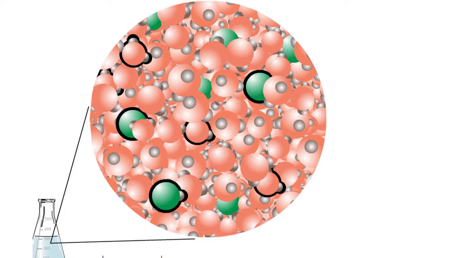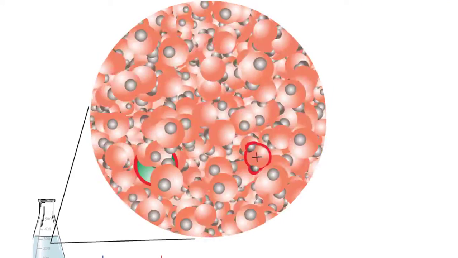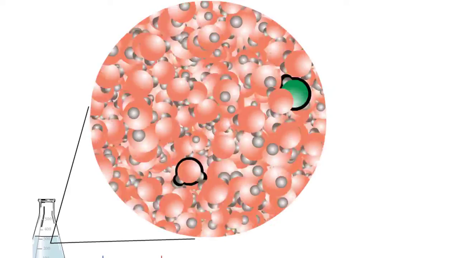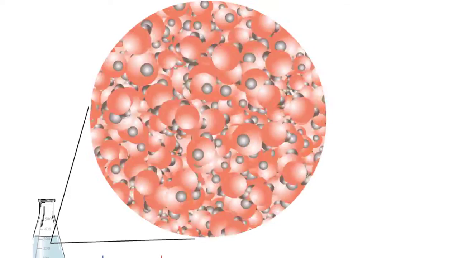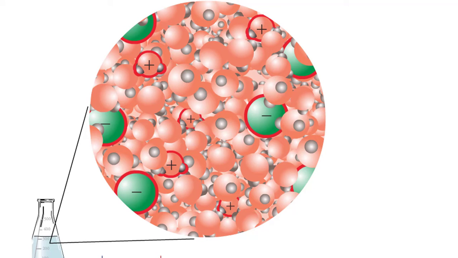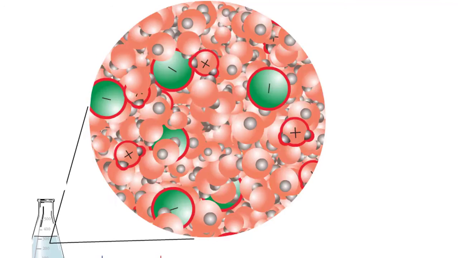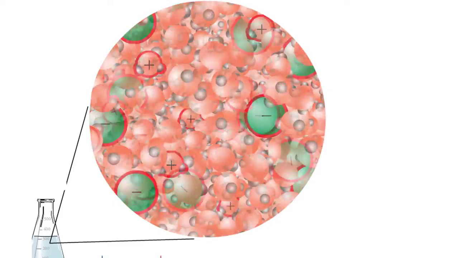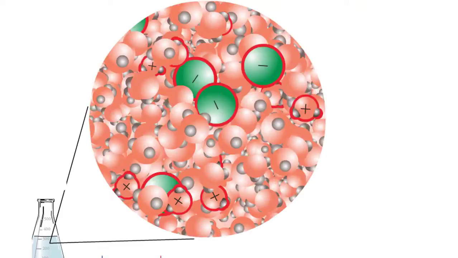Now let's take a look at this reaction in solution. The reactants, HCl and H2O, have black outlines, and the products, H3O+ and Cl-, have red outlines. Because the reaction between HCl molecules and the H2O molecules is not reversible, the final solution contains only H3O+ ions, Cl- ions, and water molecules.